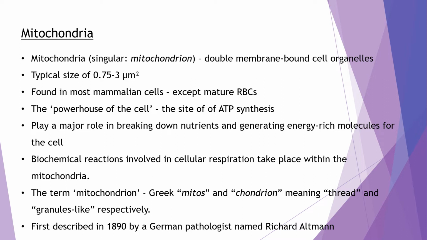Mitochondria are found in most of the mammalian cells except for mature RBCs. You should also remember that the mature RBCs will not have a nucleus. So mitochondria or nucleus are not found in mature RBCs, or the erythrocytes.